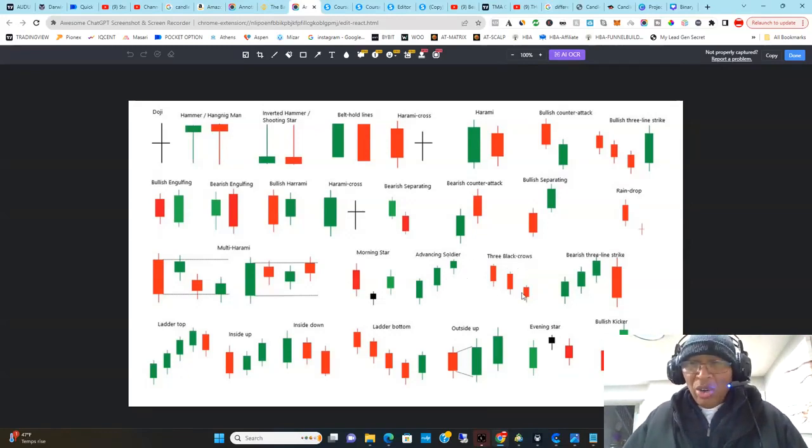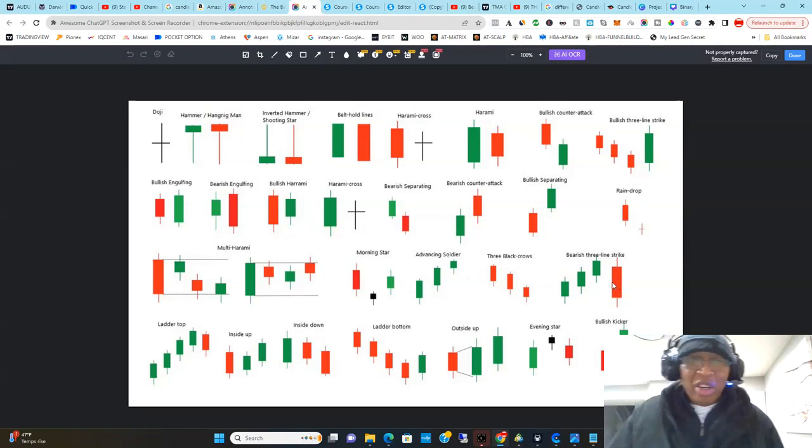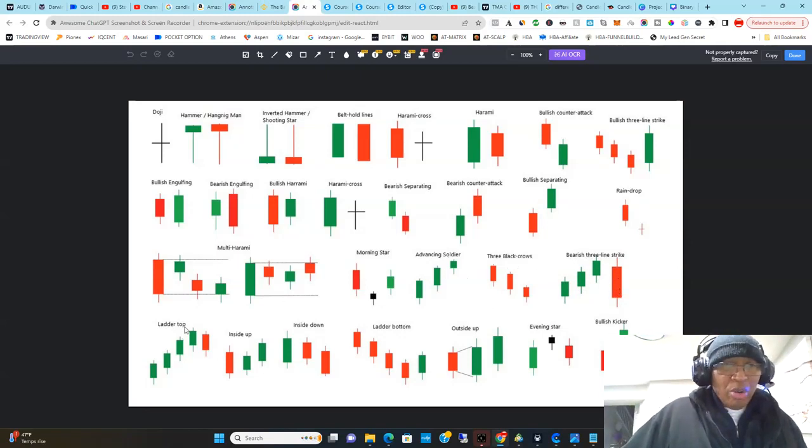3 black arrows, you can see the bearish 3-line strike. Again, we have 3 bullish candles, then followed by a big bearish candle. The ladder top, you can see that 1, 2, 3, 4 bullish candles, and then followed by that. We have the inside up, inside down, ladder bottom, outside up, evening star.